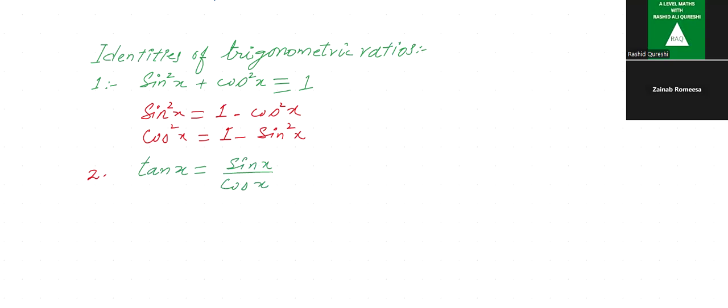Now I have to make the other two identities. The first one: as we know, whenever we have a right angle triangle, just like this one, any right angle triangle.